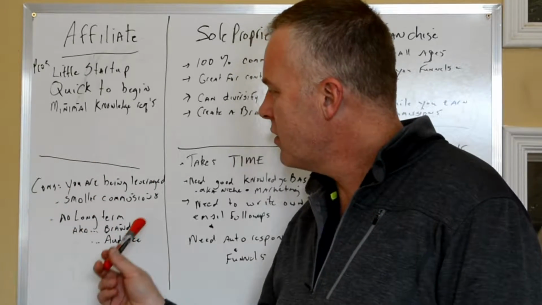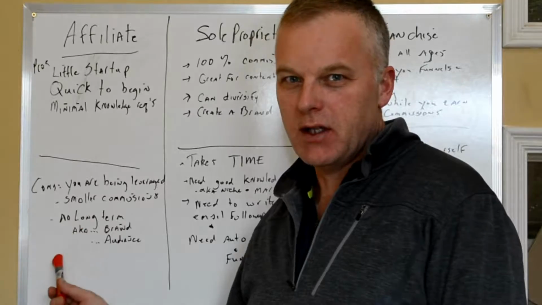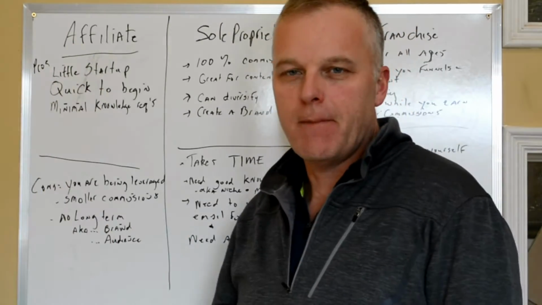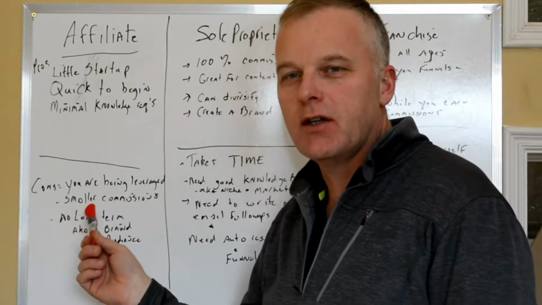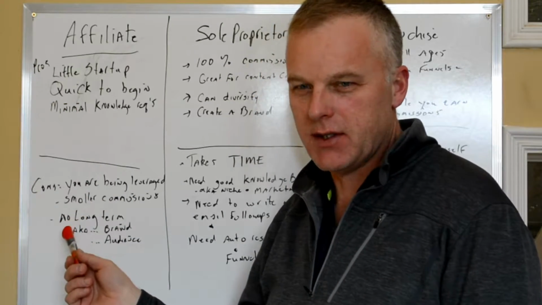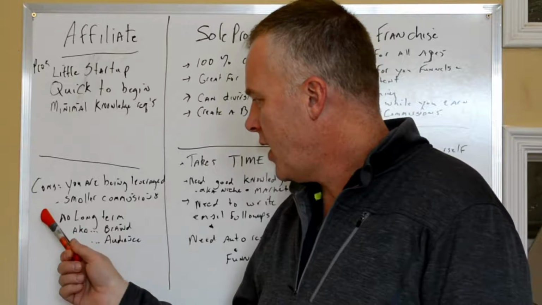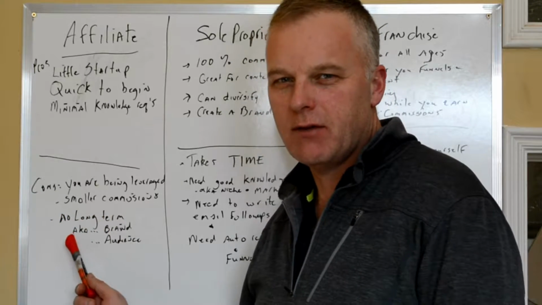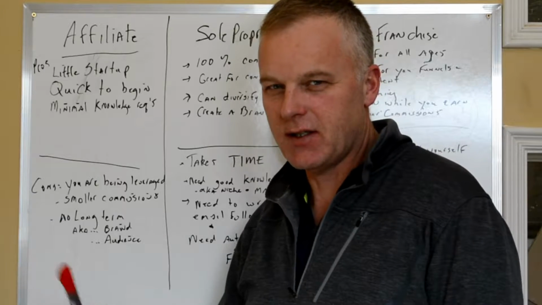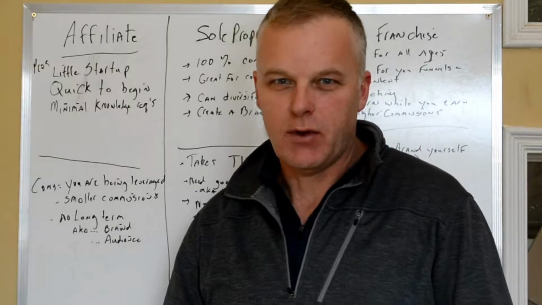That will be the only thing you own in this system, your email list, that you can basically target new products to on a regular basis. So the con is no long term. However, if you do it properly, you can develop your email list and then retarget them with other products.